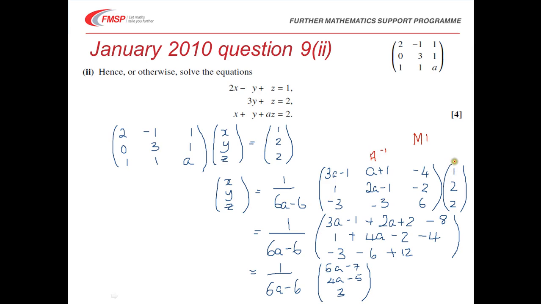So multiplying by that, as long as you attempt that correctly, you will get a method mark. Then there was an accuracy mark for each of these answers here. So 1 mark for each of those. So 4 marks in total.